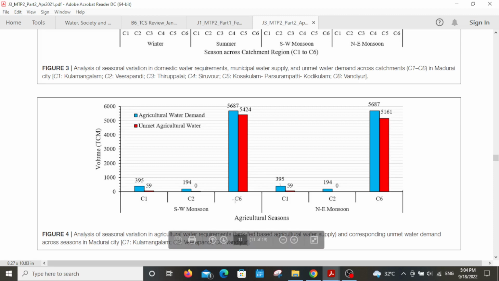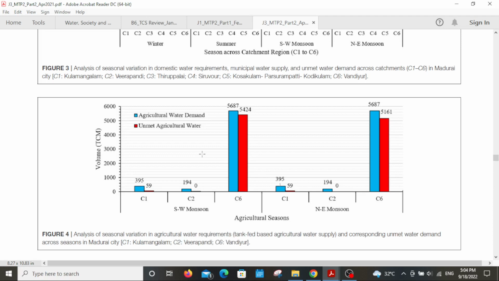So only these 3 regions were actually involved in conducting the agricultural croppings, but other catchments discontinued cultivating crops, and the reason given by farmers is the non-availability of water.